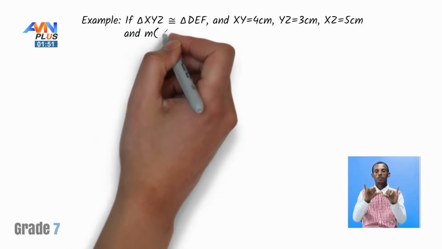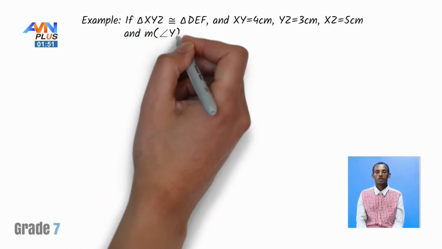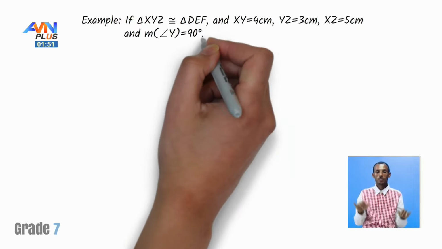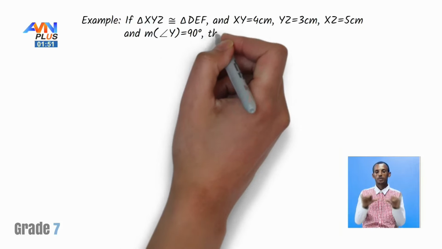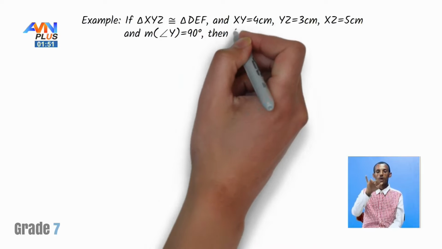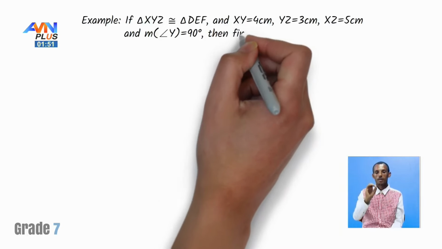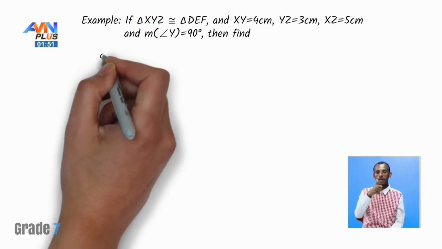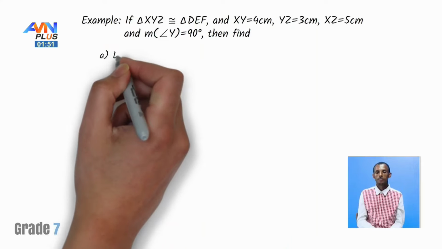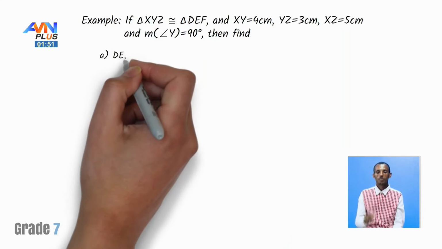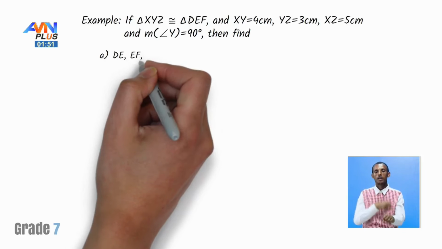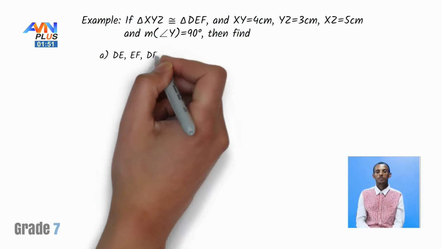the measure of angle Y is 90 degrees. Then find the length of DE, the length of EF, and the length of DF.